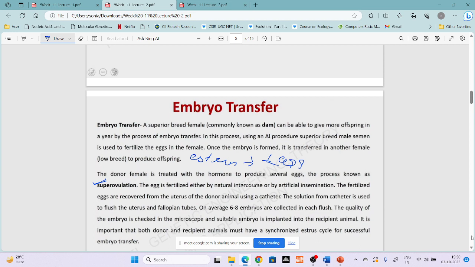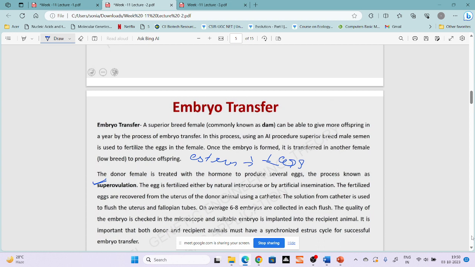So what is the logic? Normally you can only achieve one fertilization in one estrus cycle. But here you are also using artificial insemination, which means you have ensured that the semen being injected is of good quality, and you have taken a superior quality female also. Because of superovulation, it is producing more than one egg.